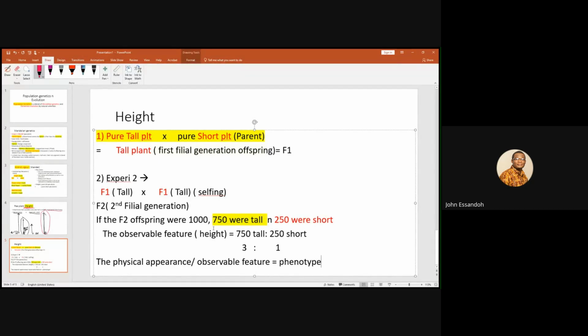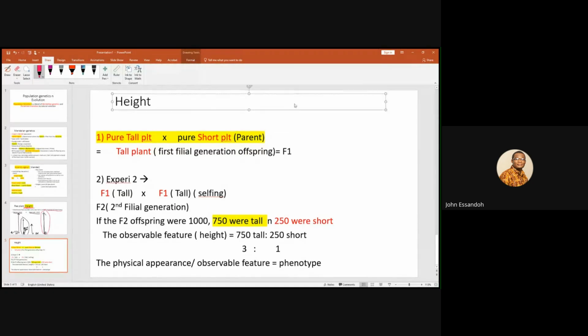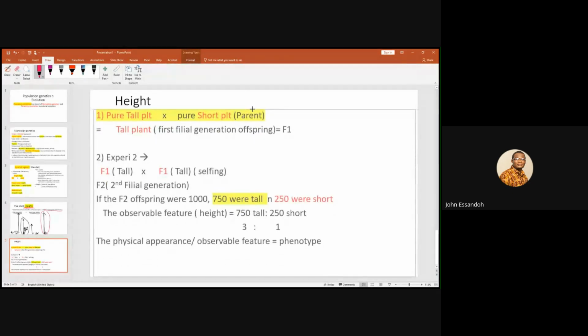So what he observed, the ratio of this phenotype from the second experiment, was 3:1. So that is the phenotypic ratio. The phenotype is the observable feature or the physical appearance of the organism.